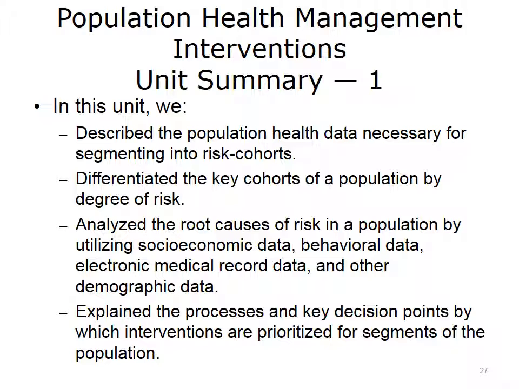To briefly review, we described the population health data necessary for segmenting into risk cohorts, differentiated the key cohorts of a population by degree of risk, analyzed the root causes of risk in a population by utilizing socioeconomic data, behavioral data, electronic medical record data, and other demographic data.